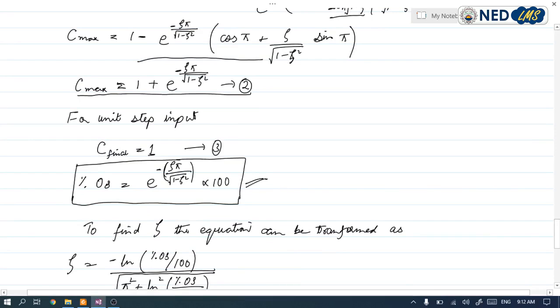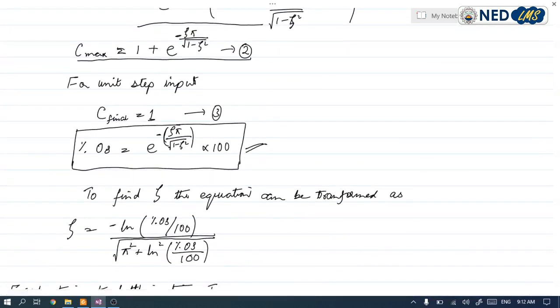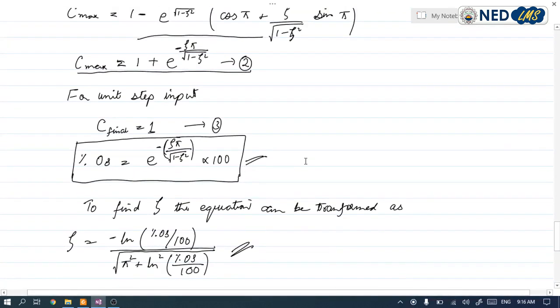In this equation it is clear that our overshoot term is dependent on the damping ratio zeta. If we have zeta, we can evaluate the overshoot term, and similarly if we have the overshoot value given in the question, we can evaluate the value of zeta from this formula.